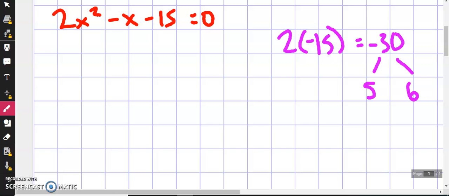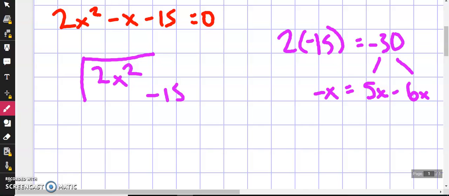In order to get a negative x in the middle, I could take my 5x minus 6x to create a negative 1x. So that tells me how I'm going to set up my box. I've got 2x squared, negative 15, and then a 5x and a minus 6x. So I'll go through and factor each row.